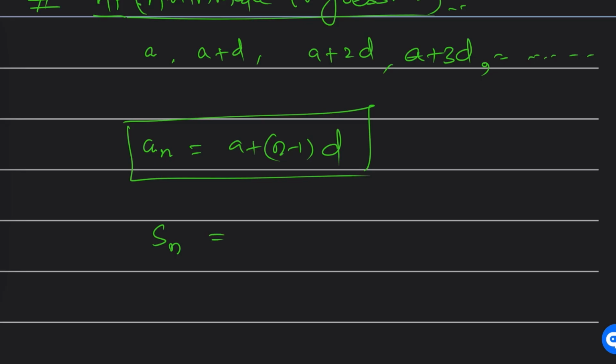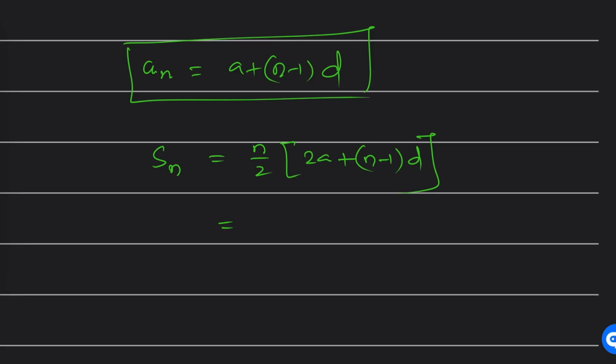Next, if I am discussing the sum of n terms of AP, Sn. The sum can be written as n by 2 into 2a plus n minus 1 into d. Sir, sometimes this formula can be written like this, n by 2 into a plus a n, the last term.